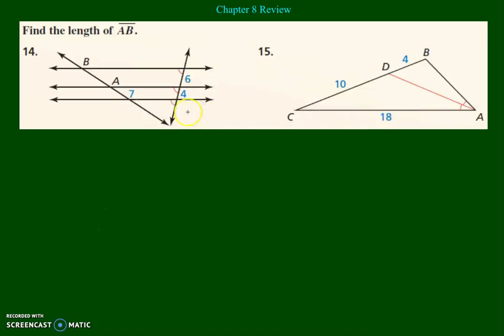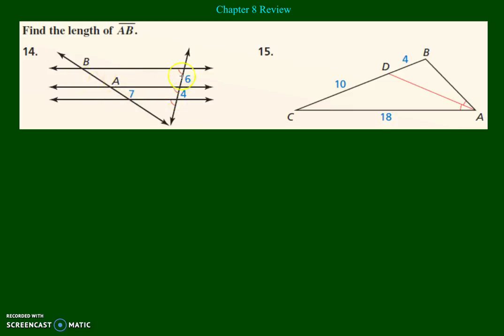In these two problems, we're asked to find the length of segment AB. In problem 14, it looks like we're using the three parallel lines theorem, which says if three parallel lines intersect two transversals, they divide the transversals proportionately. So here, just like in the last problem, we have a fairly visual setup for our proportion. We could say x is to 7 as 6 is to 4.